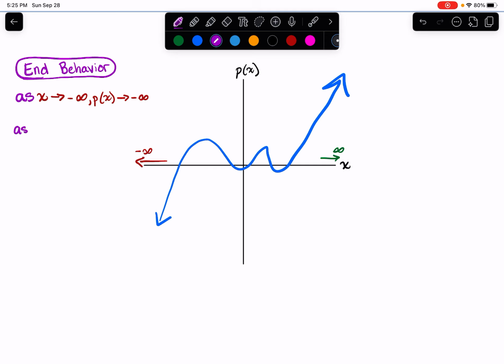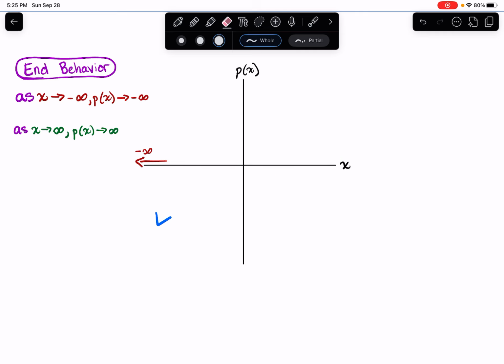So on the right side of the graph, we say as x is approaching positive infinity, as we go to the right, and then we look at what p of x is doing. As we go to the right, p of x is going up. So we would say as x approaches positive infinity, p of x approaches positive infinity. So that would be this particular example, but let's look at all of the possibilities that could happen with a polynomial.